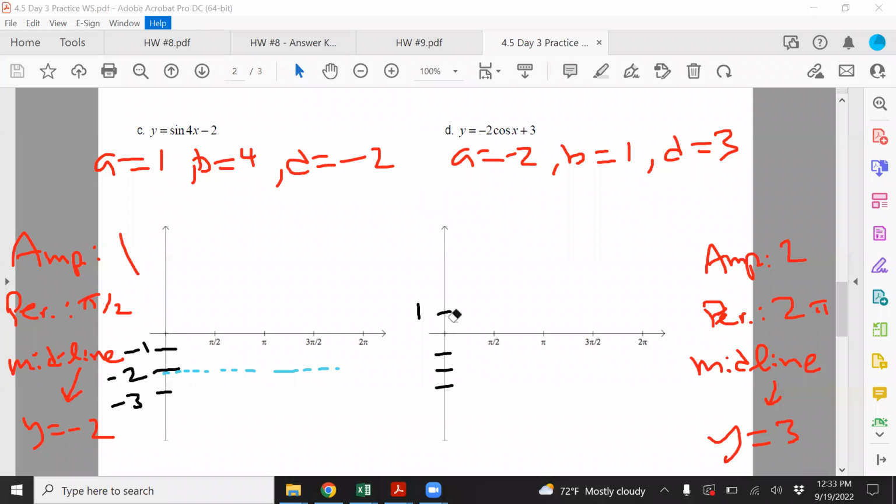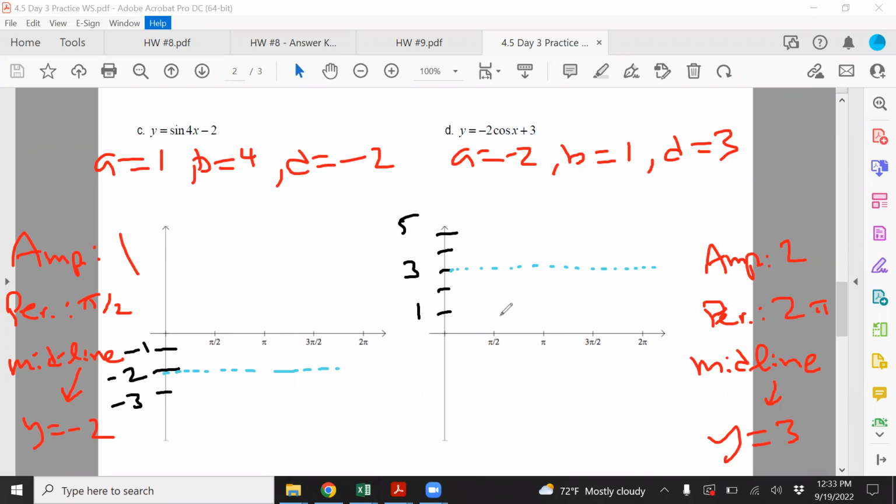Should have done this. Hold on, I kind of messed up here. Hold on a sec, let me fix this. Okay, cool.